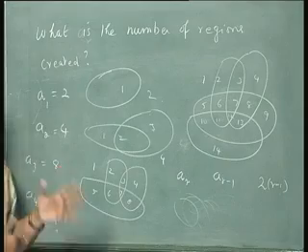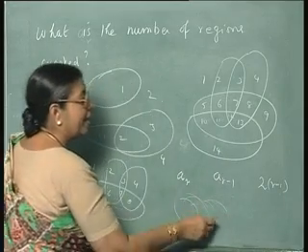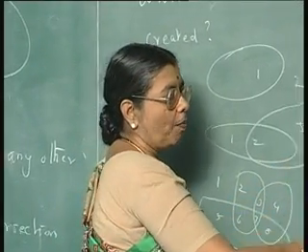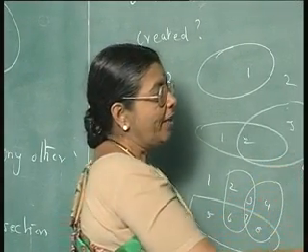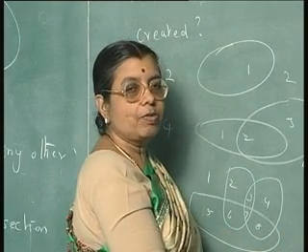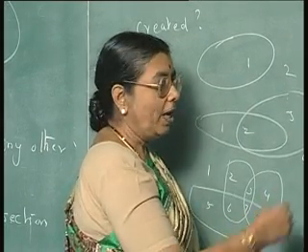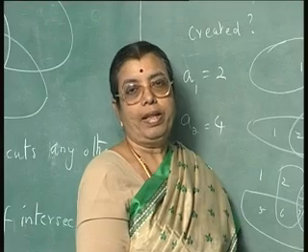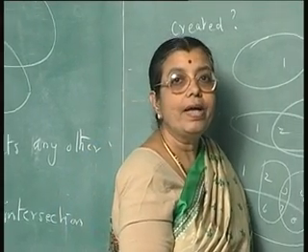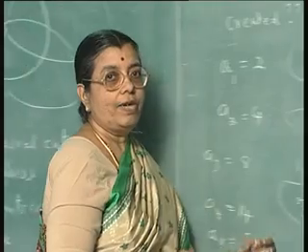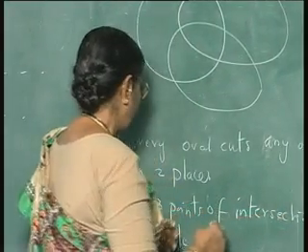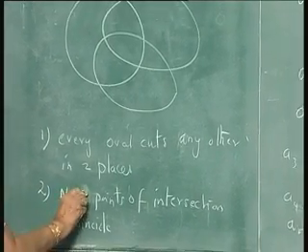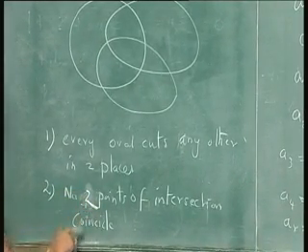You have drawn r minus 1 ovals, and that has divided the plane into A_(r-1) parts. Now, you are drawing the rth oval; it will cut each one of the r minus 1 previous ovals in 2 points. So, in total there will be 2 into r minus 1 points of intersection for the rth oval. That is because we have assumed that no 2 points of intersection coincide.